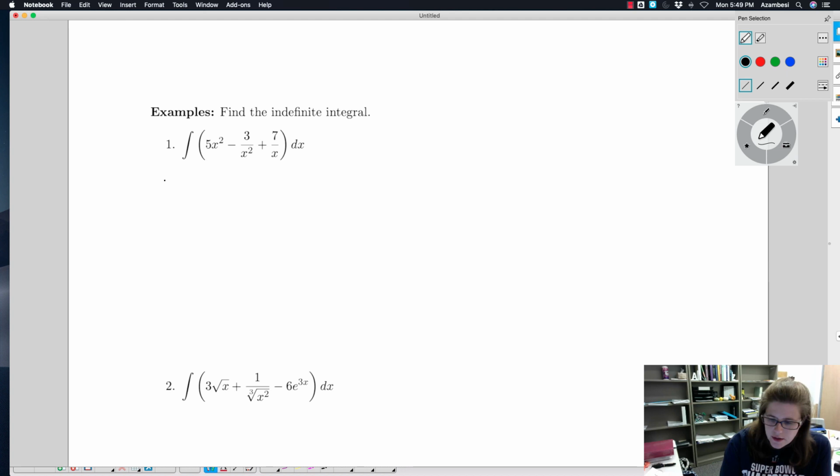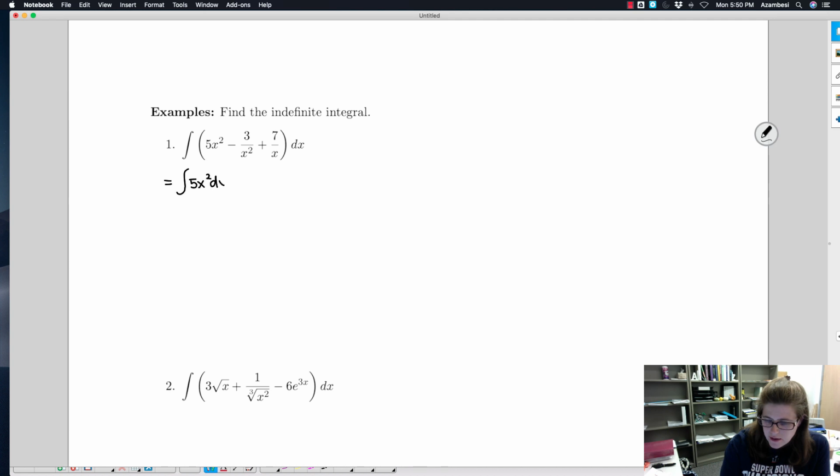Okay, so that means that I have the antiderivative of 5x squared dx minus the antiderivative of 3 over x squared dx plus the antiderivative of 7 over x dx.